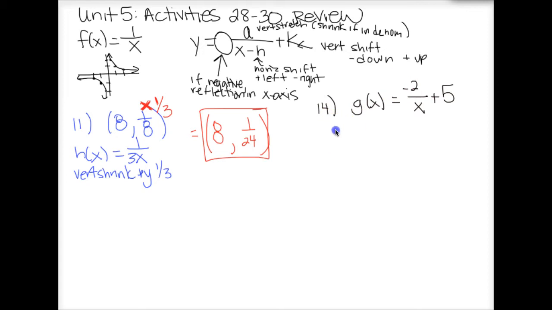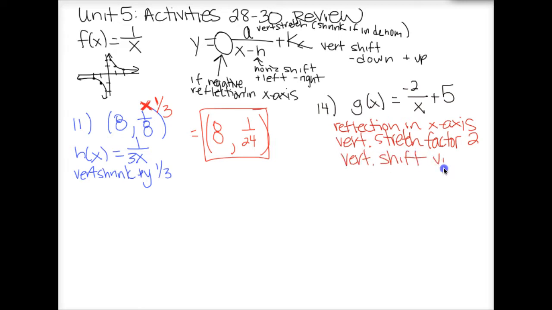So this negative means that I've got a reflection over the x-axis. The 2 part means that I have a vertical stretch by a factor of 2. And this plus 5 means that I have a vertical shift up 5.